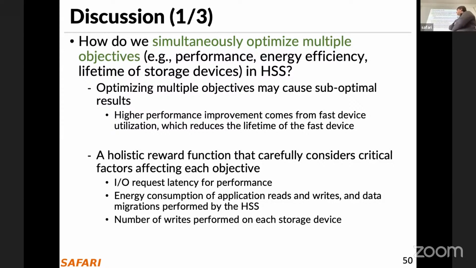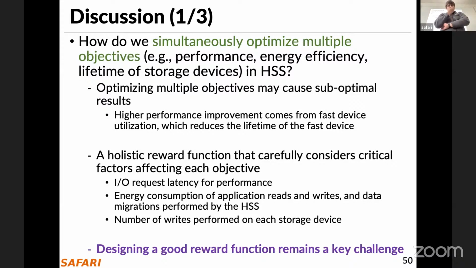And I guess we can come up with a more holistic reward function that takes into account the IO request latency, the energy consumption numbers for the writes and reads, and also looks at the migrations or the evictions that are performed, and then also looks at the number of writes performed on each storage device, and that perhaps can try to optimize for the endurance. But how do we combine all these things? That's the major trick here.